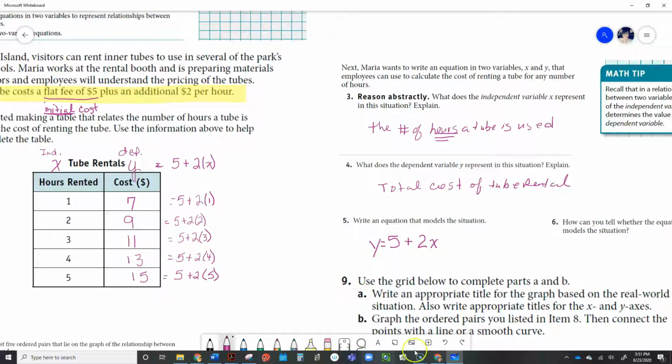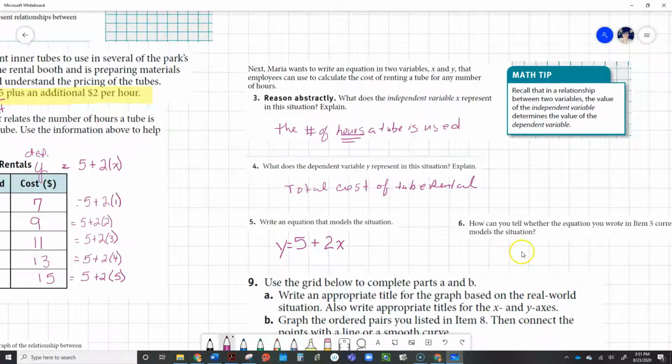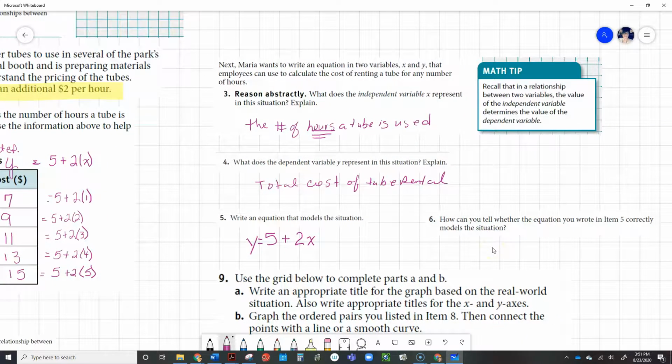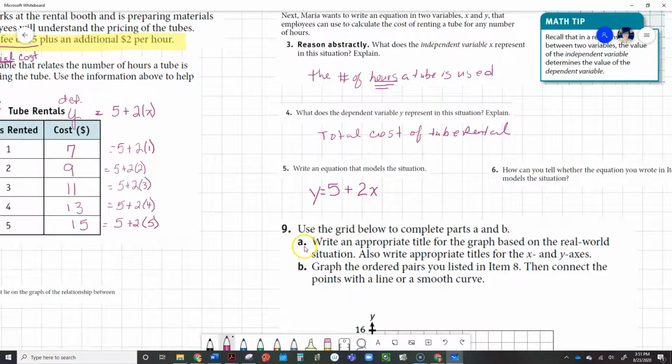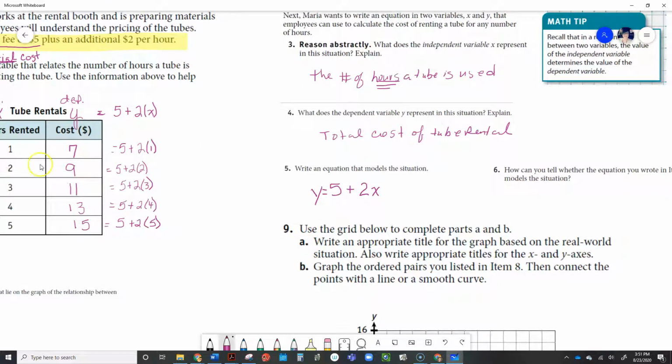Okay, then problem number 6 says, how can you tell whether the equation you wrote in item 5 correctly models the situation? Well, one thing you could do is see if we go back and plug in each one of these X values, do we get this Y value? So we could plug and chug.